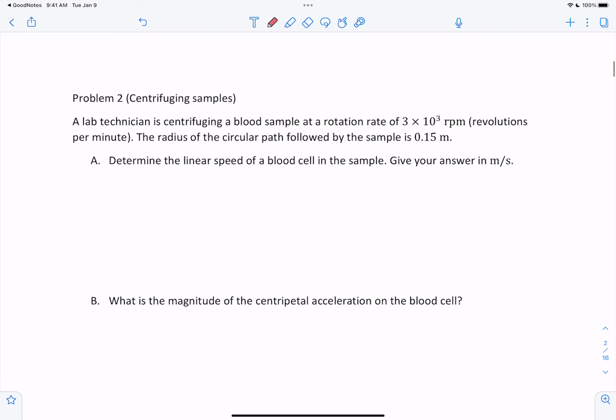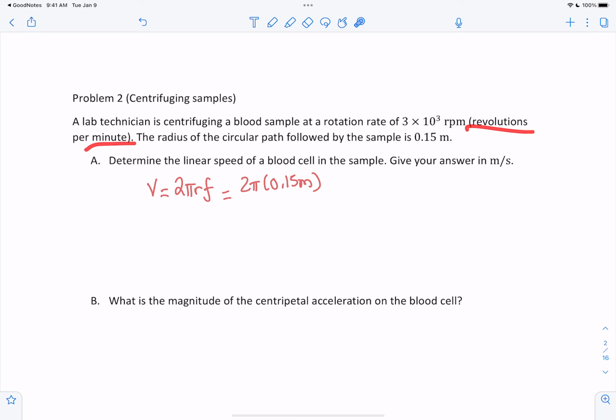So when they ask to determine the linear speed, well, I know linear speed is v, right? And I have frequency and I have radius. Based on the equation that we know from the lectures, we know that v is equal to 2 pi r times frequency. So 2 pi times our radius, which was 0.15 meters, and then we have revolutions per minute.